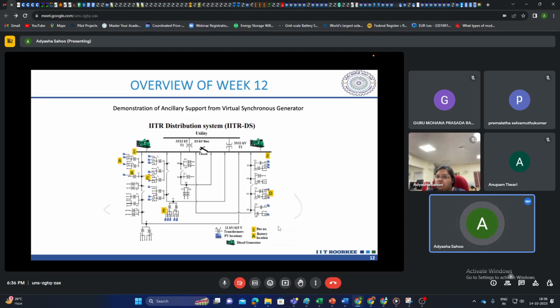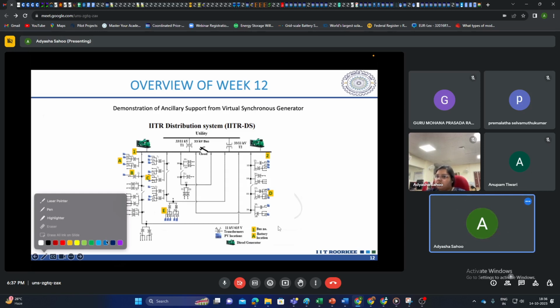If you remember in the previous lectures, we studied the operation of this virtual synchronous generator. Do you remember what type of ancillary services was being provided by this virtual synchronous generator? Anyone? Okay, reactive power. Any other support?